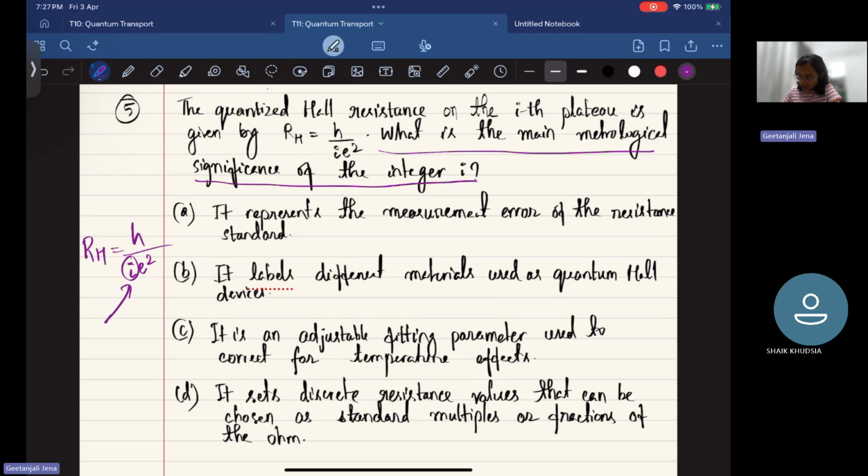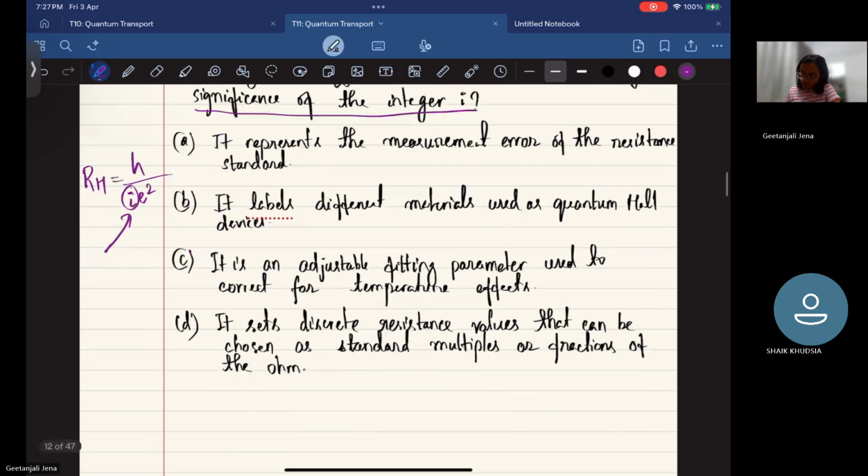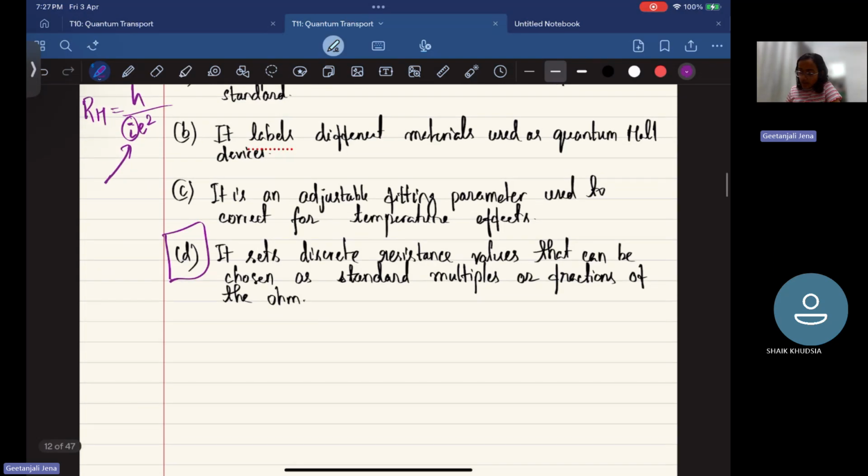Okay, the correct option is option D. It's not an adjustable fitting parameter to correct for temperature effect. It's an integer, and if you vary the integer, you will get different values of RH.